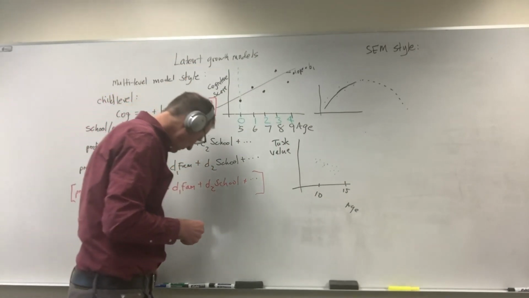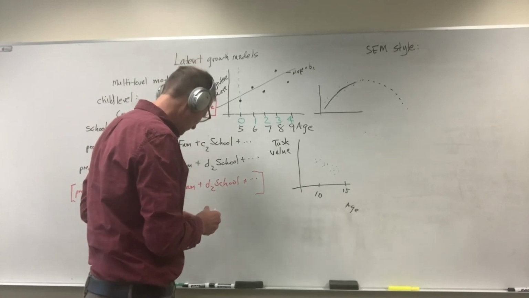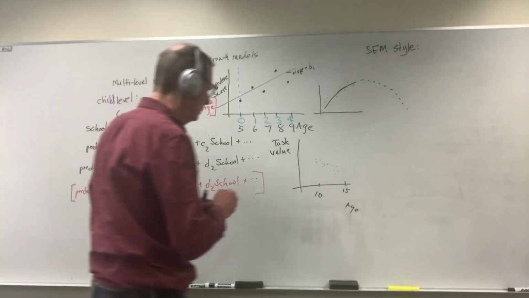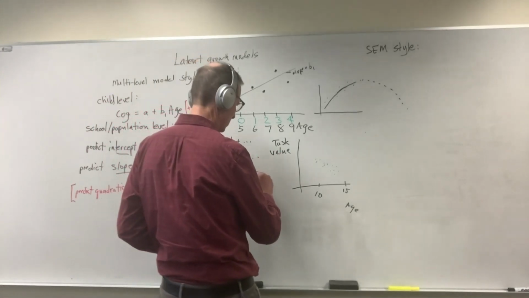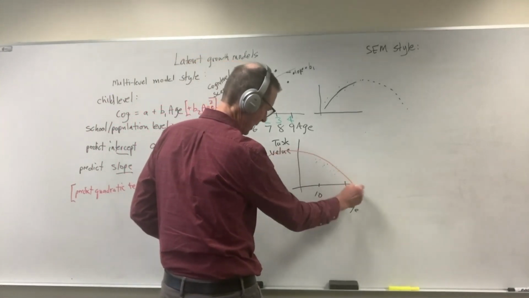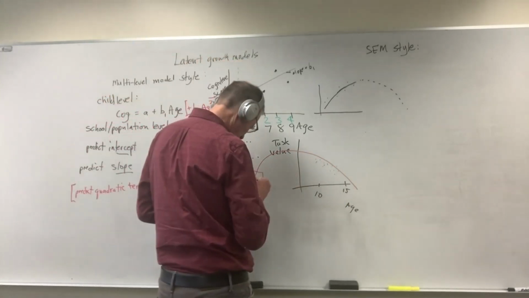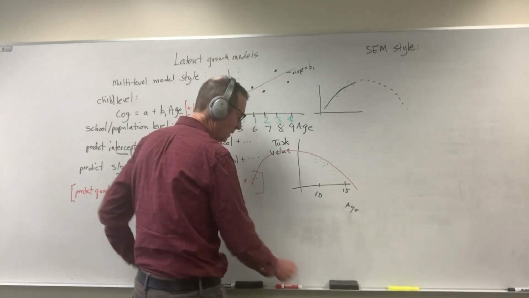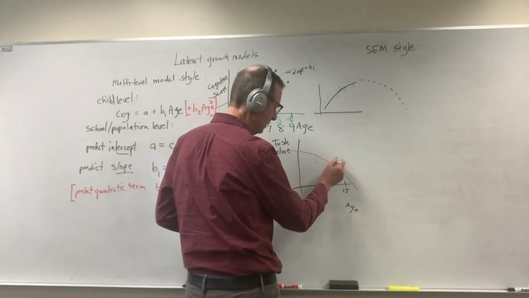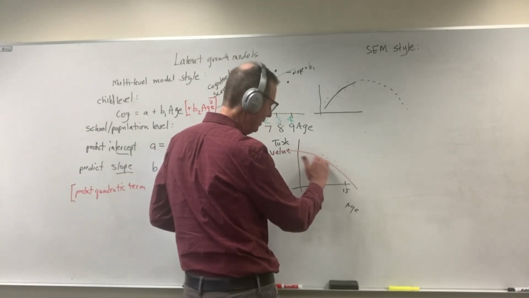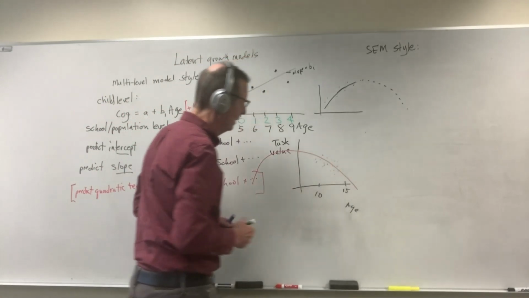It turned out that the best fitting quadratic for one of the groups looked like that. In other words, once you got into the heart of the real data, you had scores decreasing at an increasing rate.